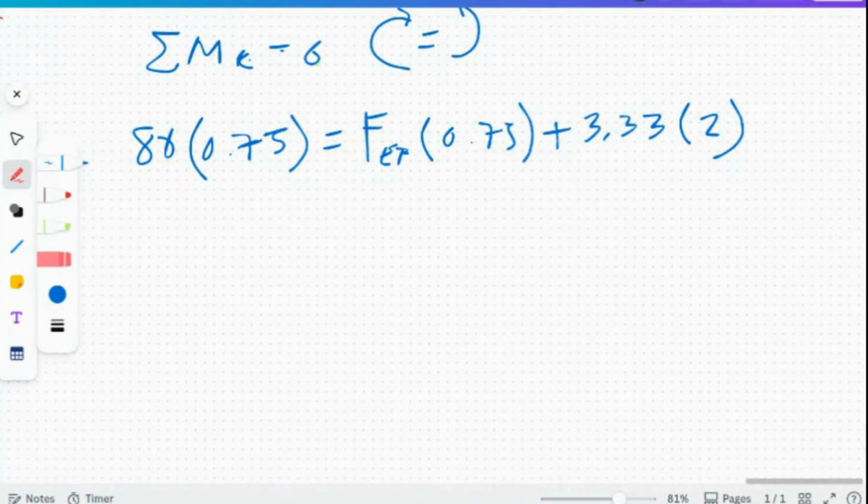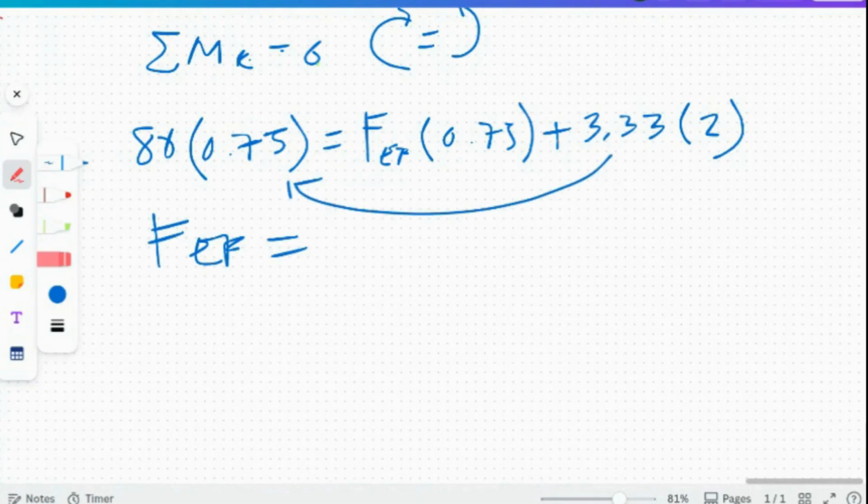Okay, so we can now solve for EF. So we build your equation. You can move the 3.33 to the other side.